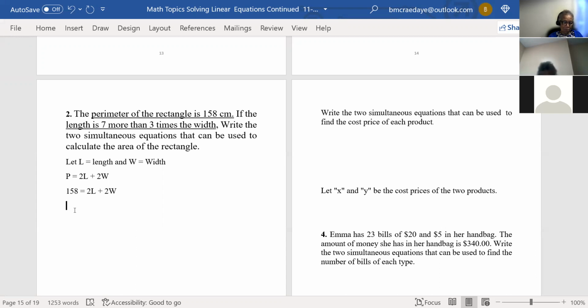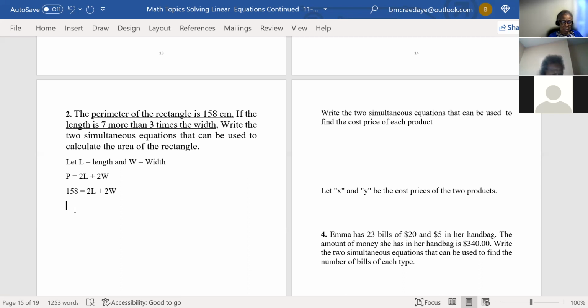You've got to multiply by some number. So I will put 7L. No. Vanessa, how do I write length is?